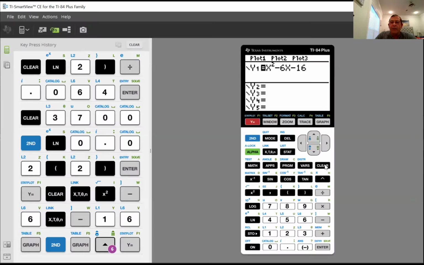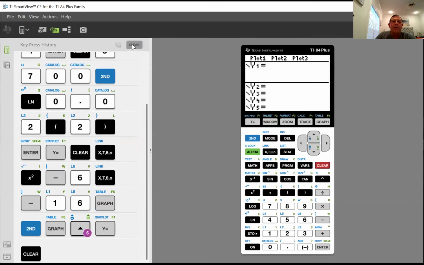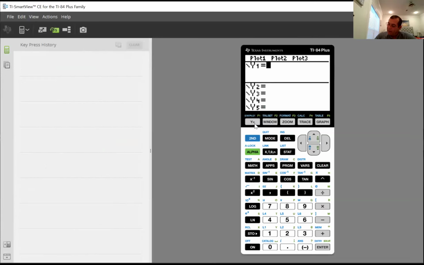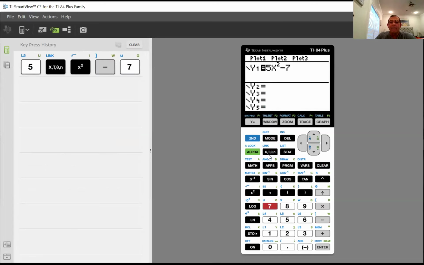I'm going to go y equals and clear that out, and clear the side over here. So 5x squared minus 7x minus 12.